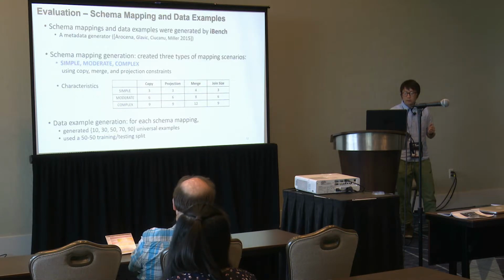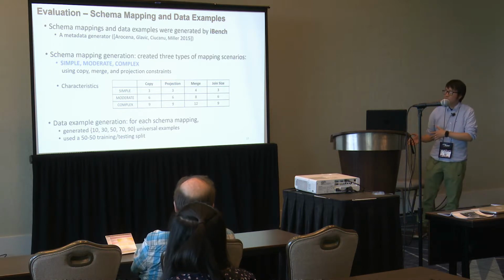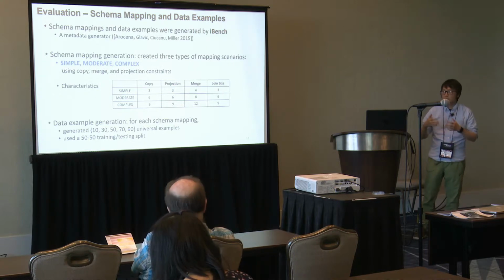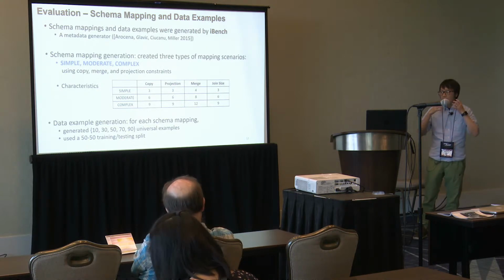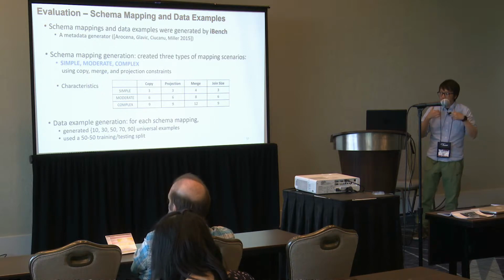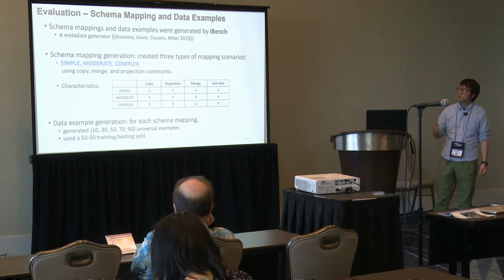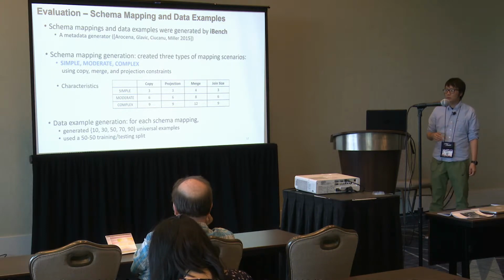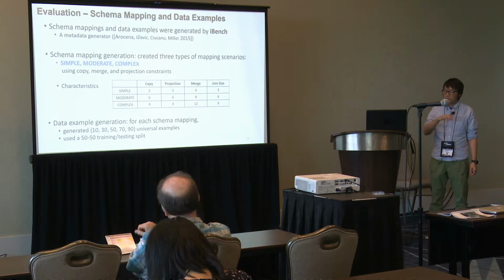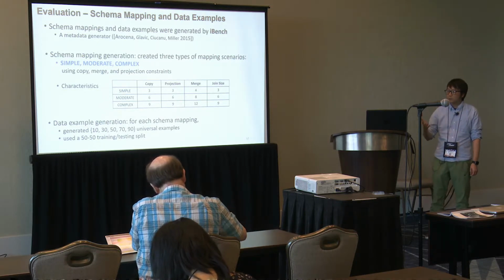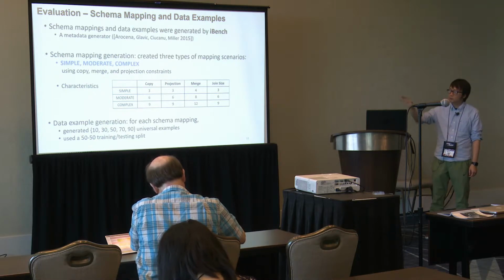Okay, so the schema mappings and the data examples used in our evaluation were generated by iBench, which is a state-of-the-art benchmarking tool for data integration tasks. In our evaluation, we created 3 different types of mapping scenarios, including simple, moderate, and complex. For each mapping scenario, it contains 3 different types of constraints, and the characteristics of the mapping scenarios are summarized in this table.